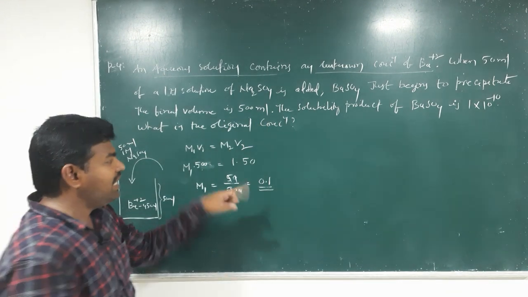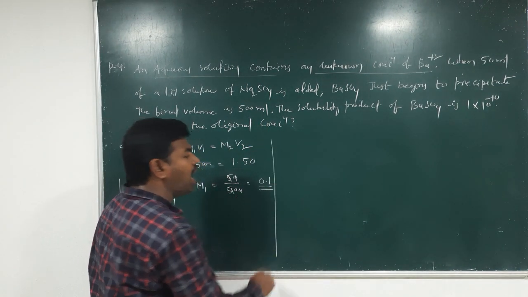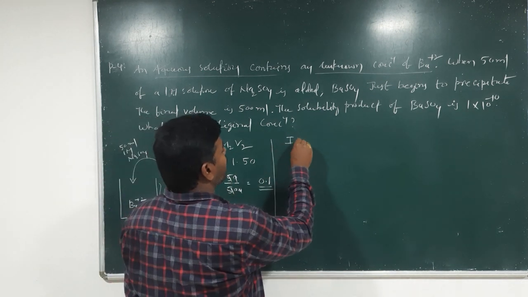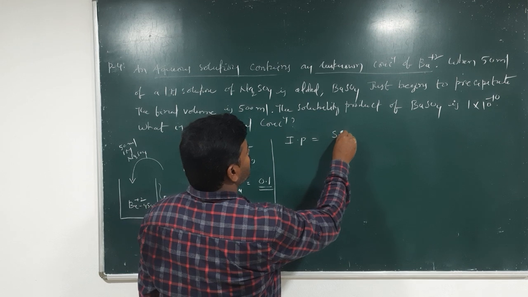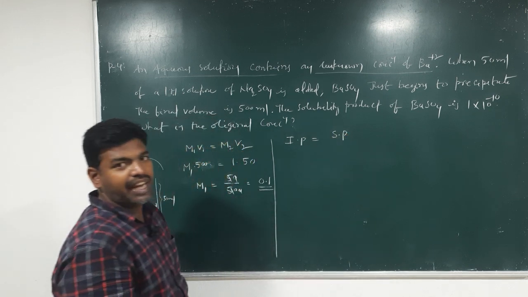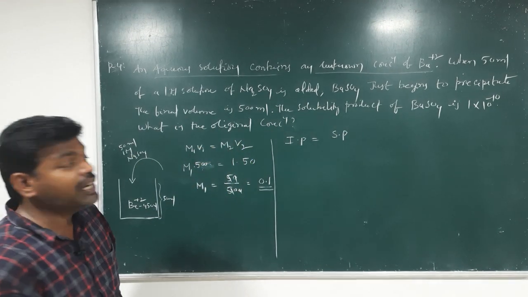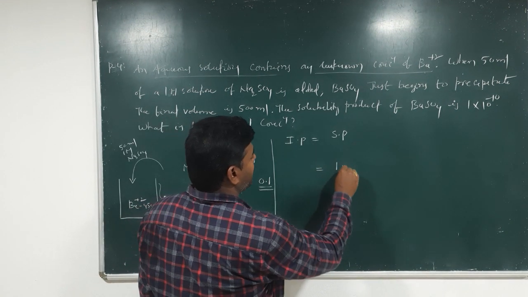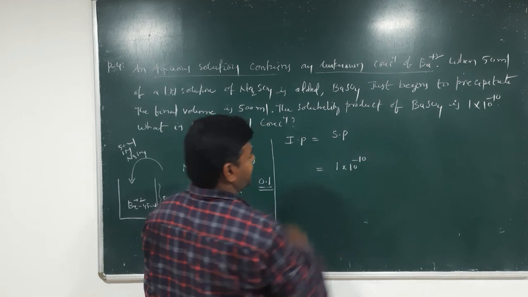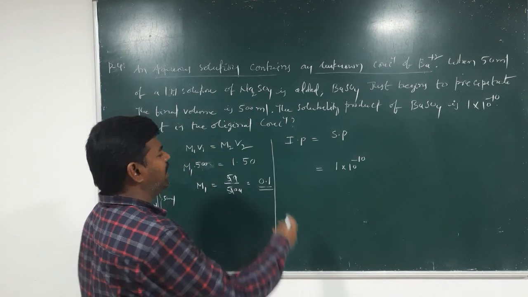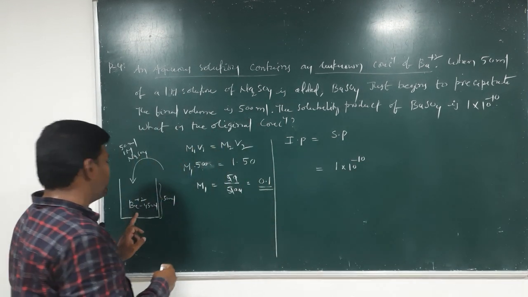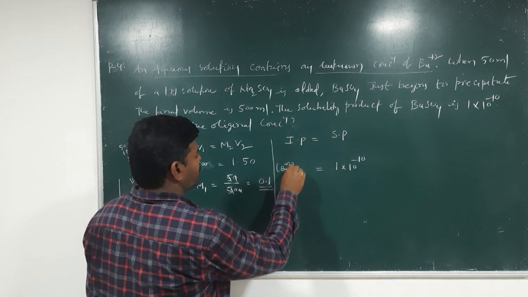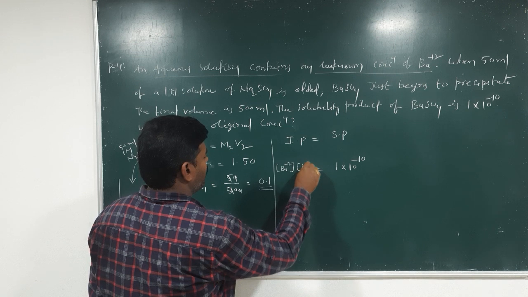In this case, the condition is ionic product is equal to solubility product. They gave that solubility product, 1 into 10 power minus 10. The ionic product is the concentration of Ba plus 2 and the concentration of SO4 minus 2.